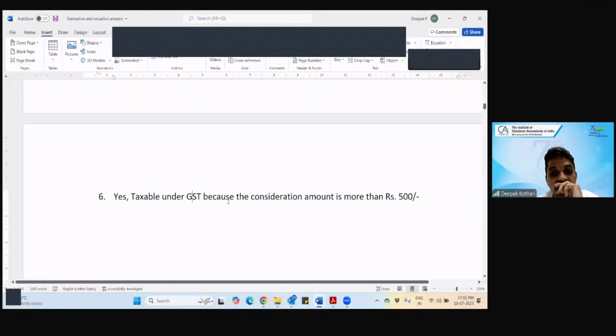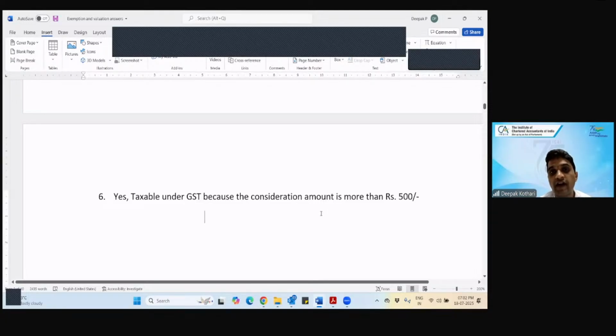The answer to 6 is yes, taxable under GST because the consideration amount is more than 500 rupees. So the limit is 500 rupees for a circus. If the amount is up to 500 rupees, then it is exempted.